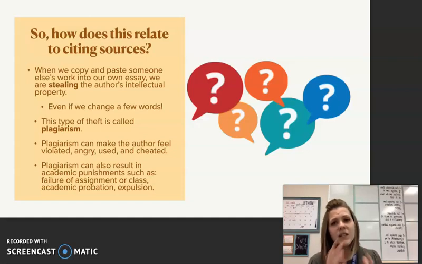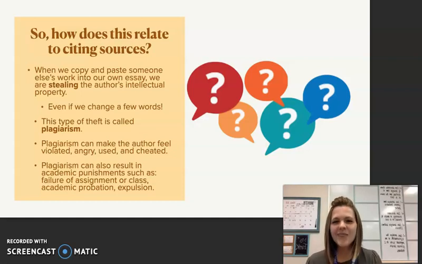So, since we talked about the different feelings that we feel when someone steals from us, feeling violated, cheated, angry, frustrated, it's important that we cite our information so that we do not steal from authors. Now keep in mind, it's still stealing even if we change a few words from research before we put it in our own writing. Okay?